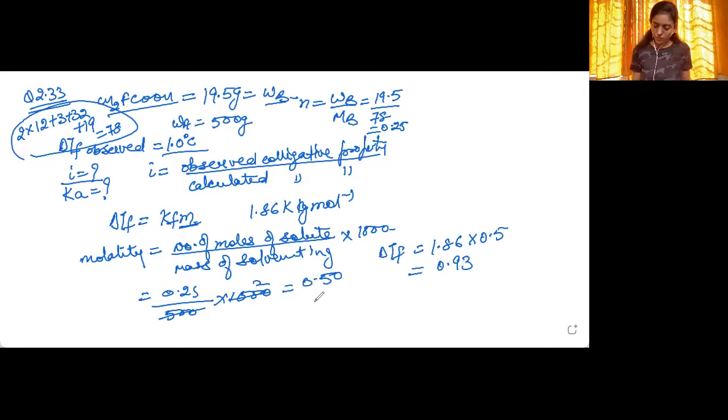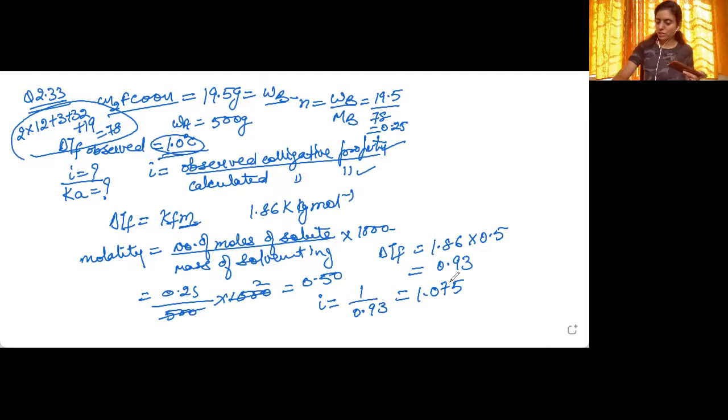Okay. Now i is equal to observed colligative property upon calculated colligative property. Observed colligative property, that is observed delta Tf, it was given to be equal to 1. Calculated one is 0.93. So it is coming out to be equal to 1.075.